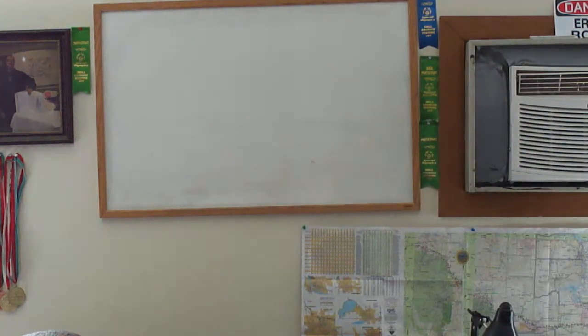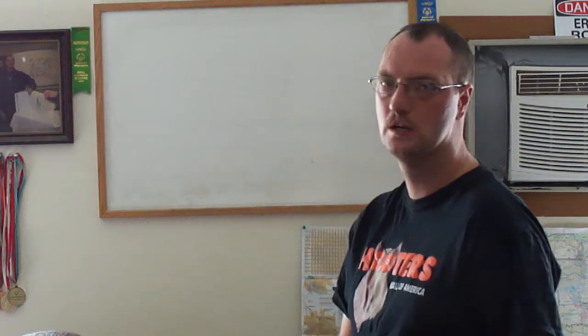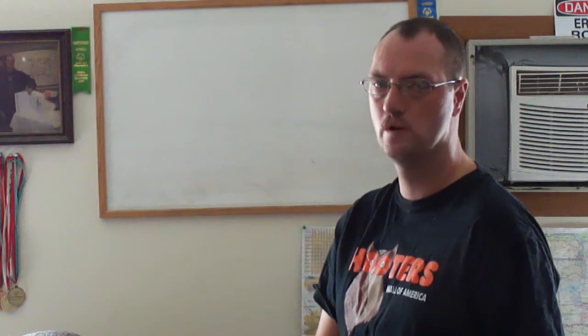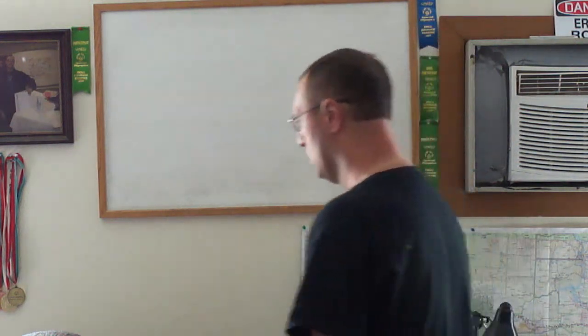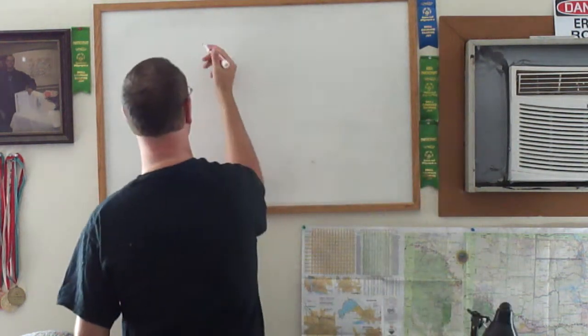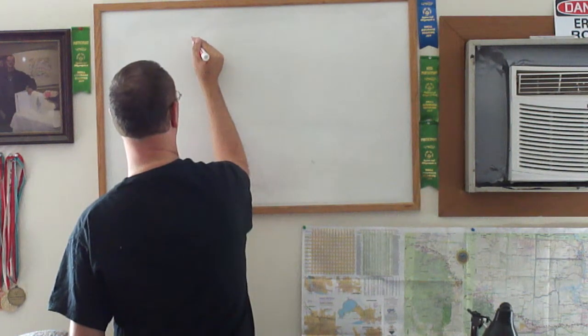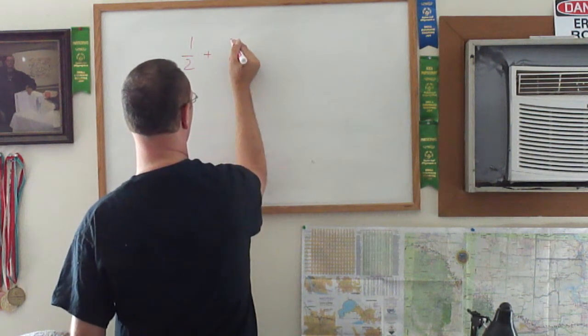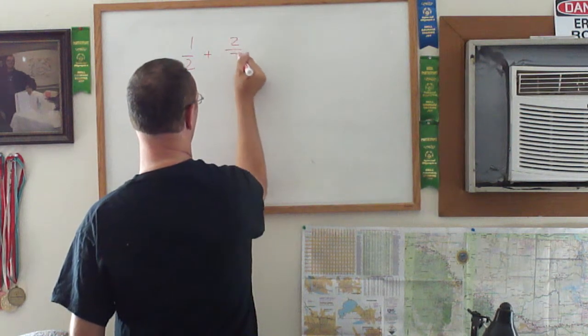Which is adding integers using decimals and fractions. Now we know for a fact how we add; we already know how to add fractions. The number one rule is find the common denominator. Like 1/2 plus 2/3.